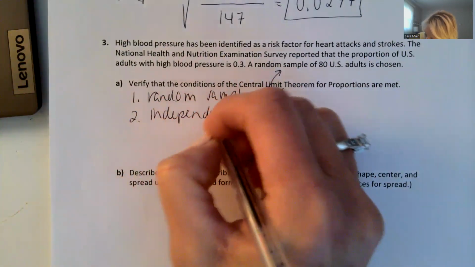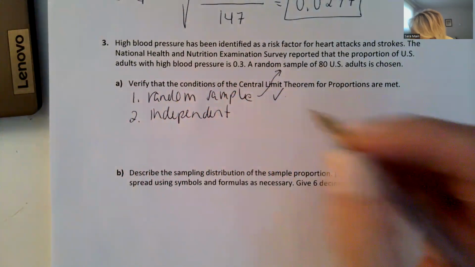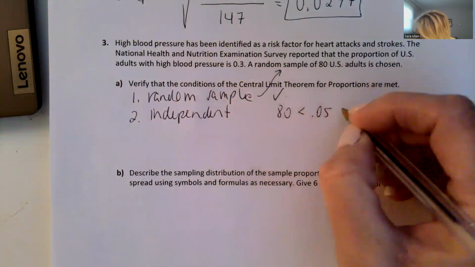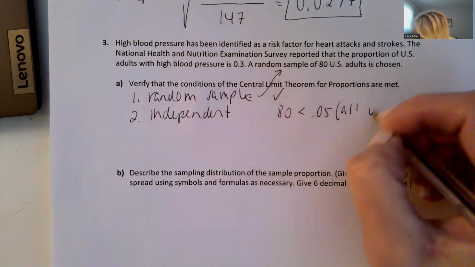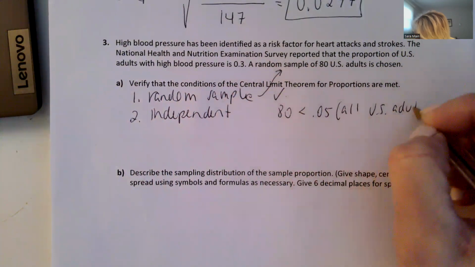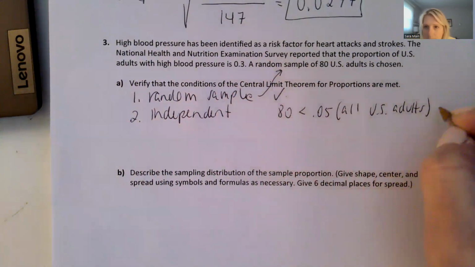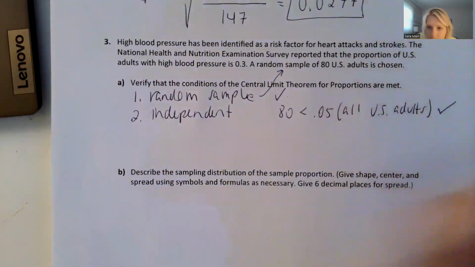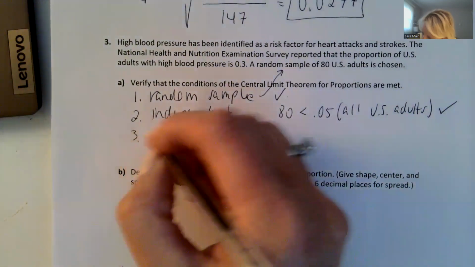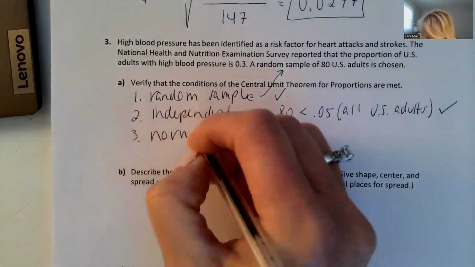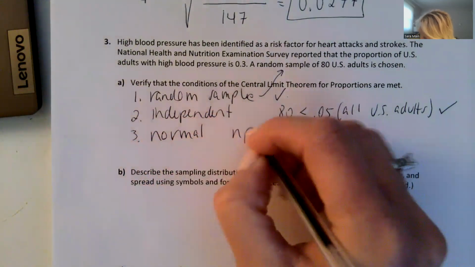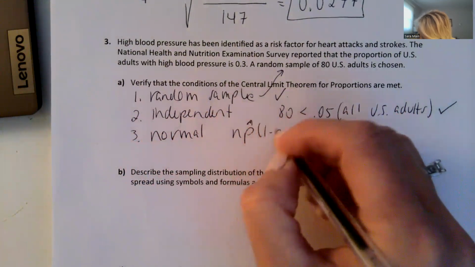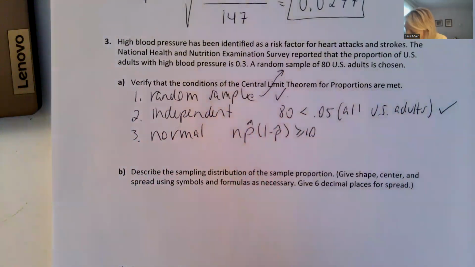Next we are checking to make sure that we have independent samples. So we check that 80 is less than 0.05 times all US adults. Yes, the number of US adults is at least 20 times bigger than 80. The third thing is normality. When it's proportions, to check if it's normal, n times p hat times 1 minus p hat has to be greater than or equal to 10.